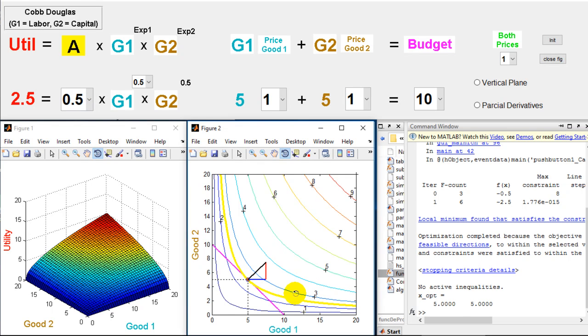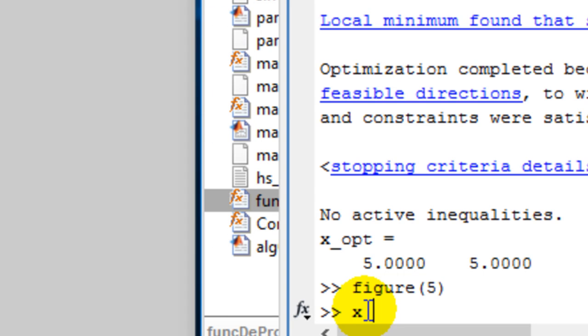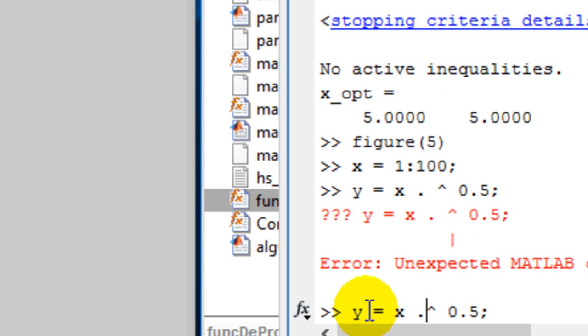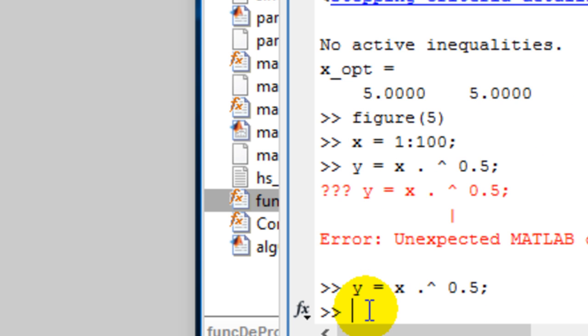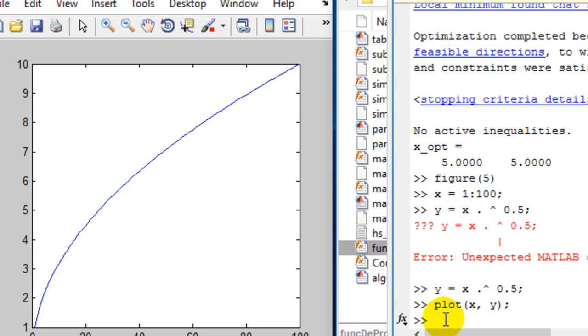Well, if we use a new figure and here we write x equal, we are going to take 100 values from 1 to 100, and then if we plot x versus y, you get this curve, which is exactly the square root.